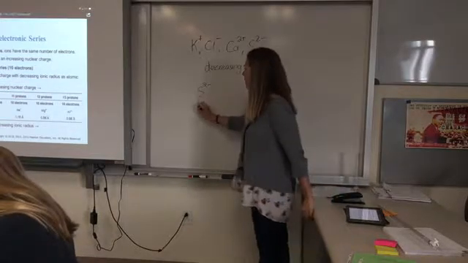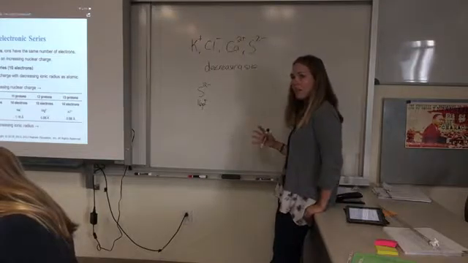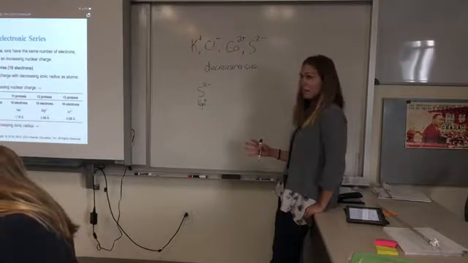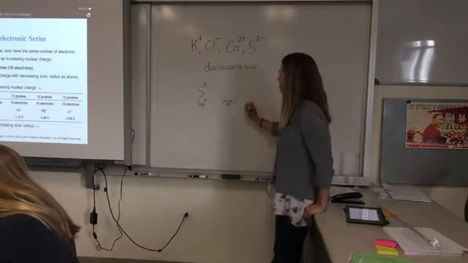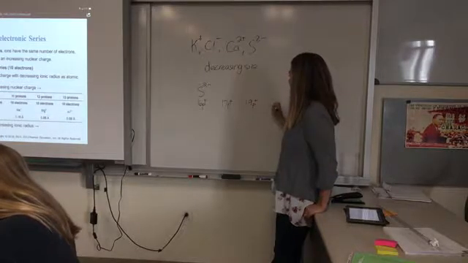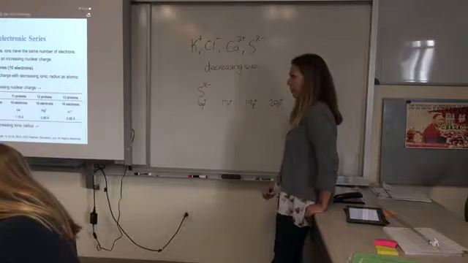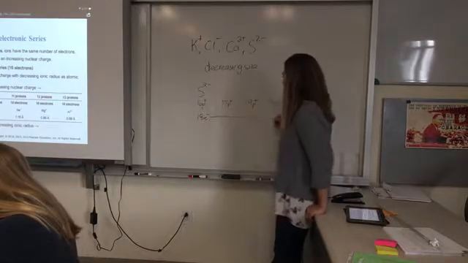It has 16 protons trying to attract the same 18 electrons. So you just put these in order of protons, and you have your order of size, because they all have 18 electrons.